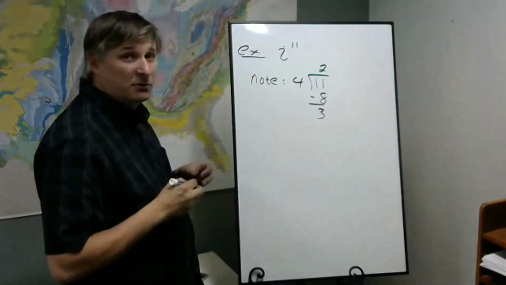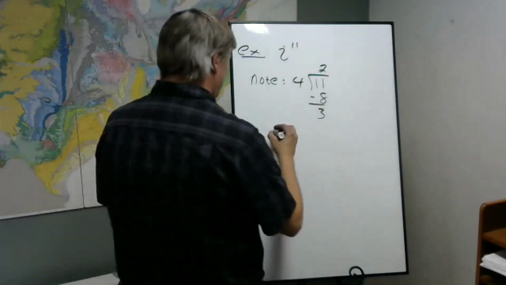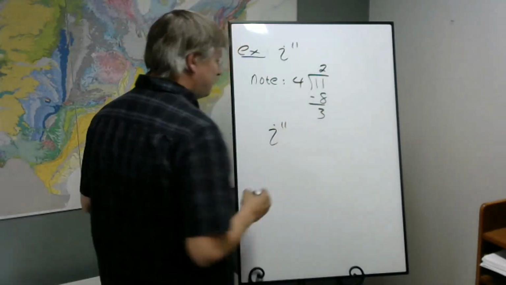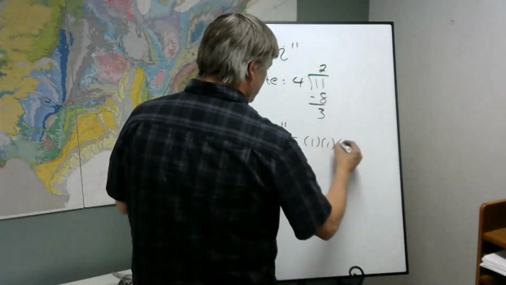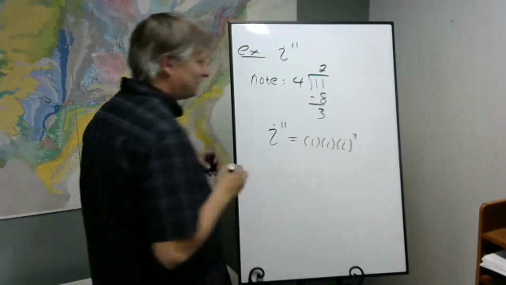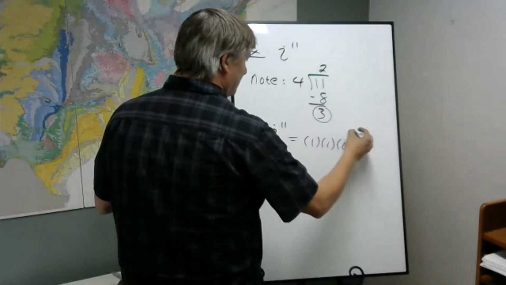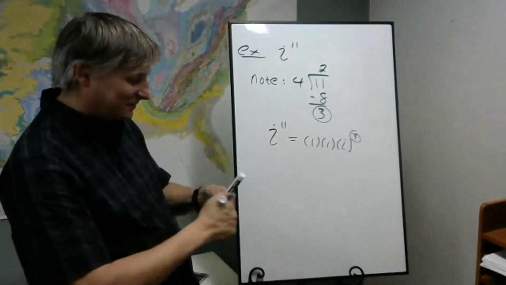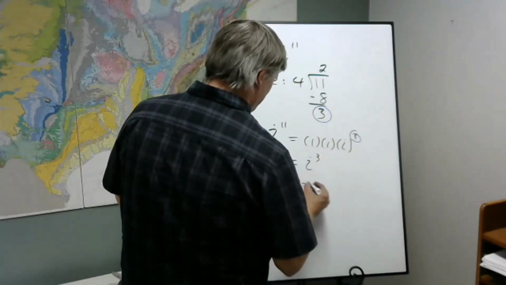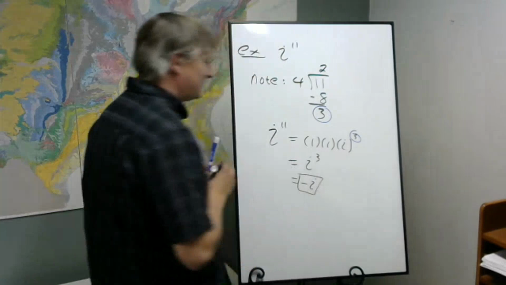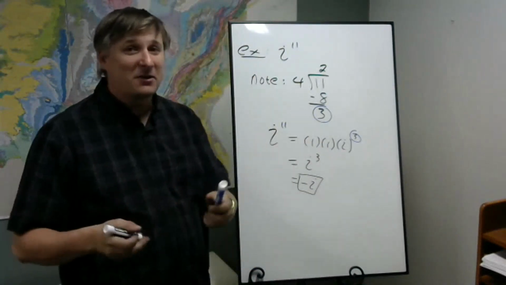Subtract, remainder 3. Now, if you think about this, we found that I to the 11th was equal to 1 times 1 times I to the 3. So what's going on here is this remainder is that 3 that was right there. So we'll still get I to the 3 if we replace the 11 with this remainder. So a little trick that helps.